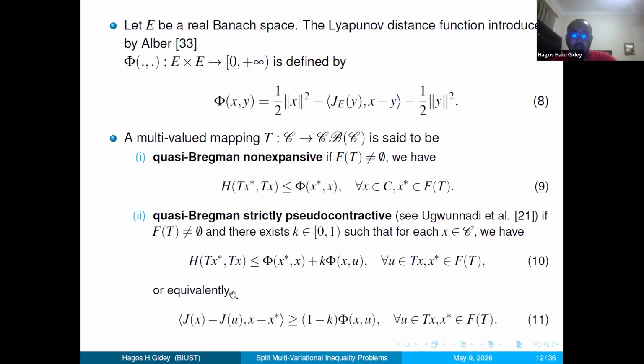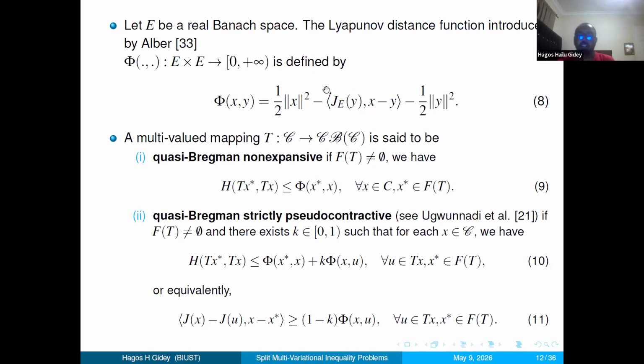And here are some basic definitions for quasi-Bregman nonexpansive, because we use this Lyapunov distance and Hausdorff distance. This Lyapunov distance, given by Alber, is defined by this formula, formula 8.